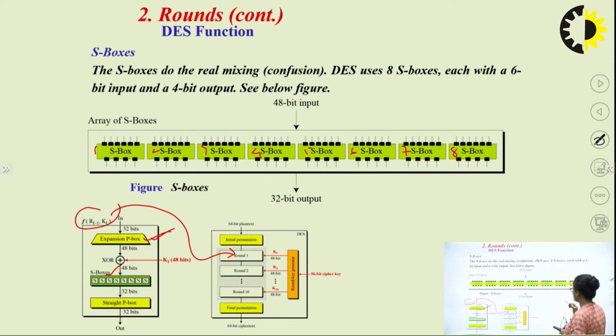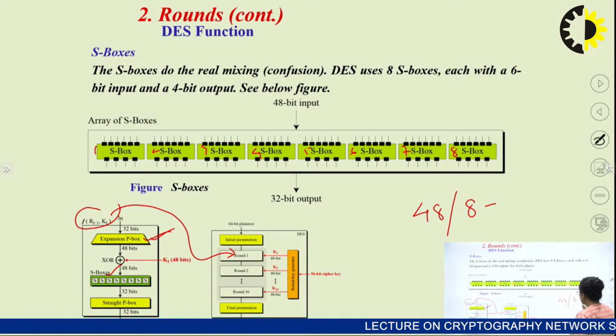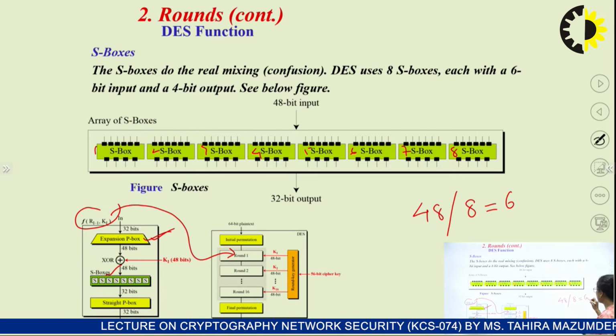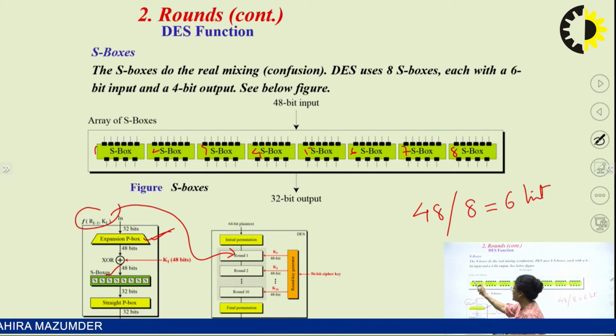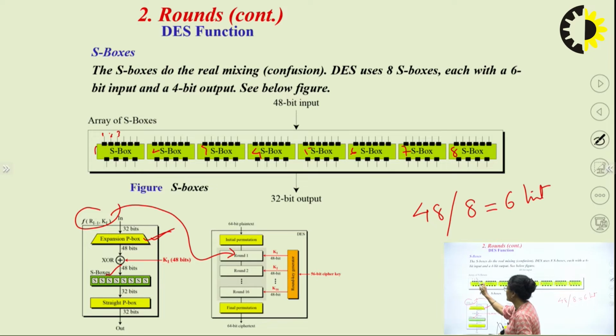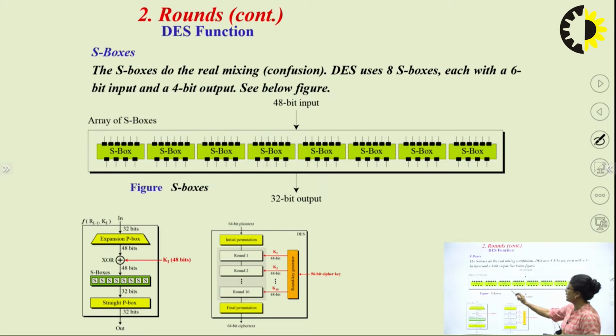Since we are having 8 S-boxes, and we have 48-bit data, if you divide it, we are having 6-bit for each S-box. Each S-box is taking 6-bit input. So we have 8 S-boxes with 6-bit input: S-box 1, S-box 2, up to S-box 8.